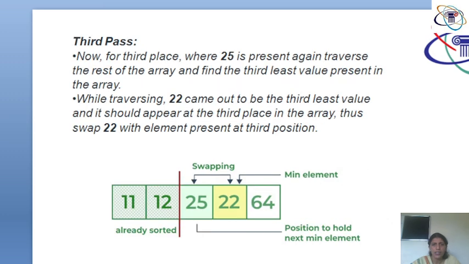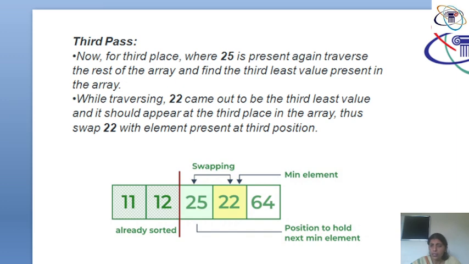Now next is the third pass. Now for the third place where 25 is present, again traverse the rest of the array and find the least value present in the array. While traversing, 22 came out to be the third least value. It should appear at the third place in the array. Thus swap 22 with the element present at the third position.